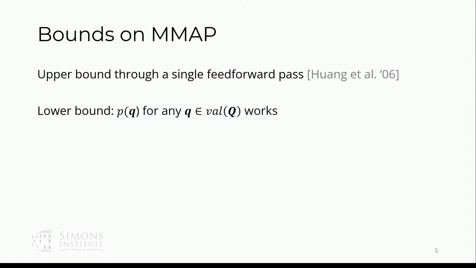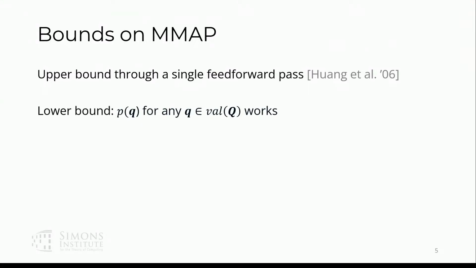This is basically the same algorithm that would get you the marginal map solution if you started with a constrained circuit. If you just run that algorithm on a circuit that's not tractable for marginal map, what you end up with is an upper bound. Okay? And I'll show you an example of that later.